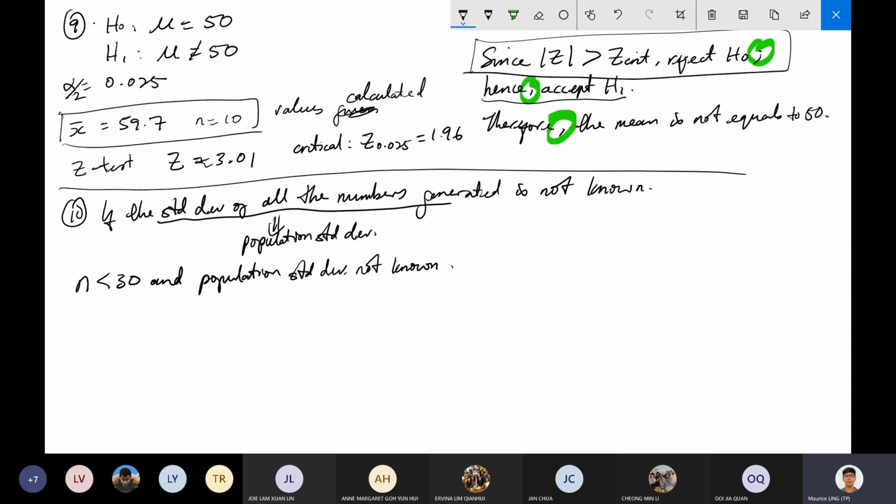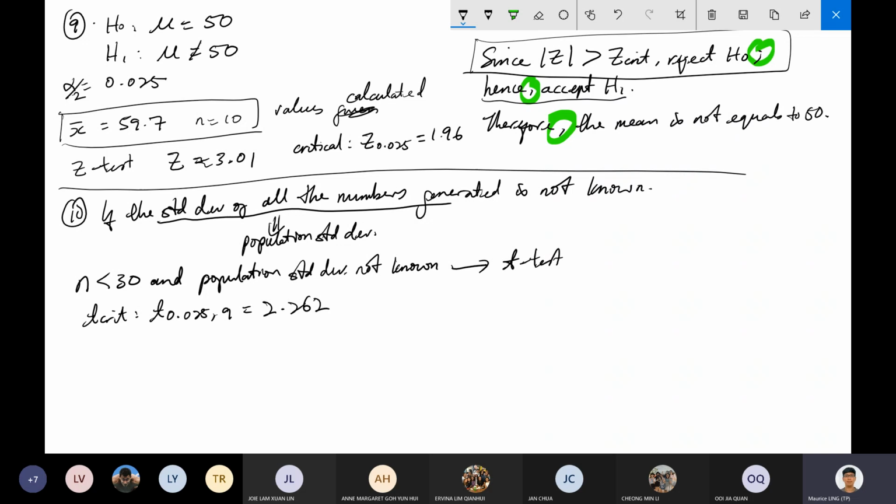So together, you use t-test. Okay, everything follows the same. The t critical value now, which is 0.025, degrees of freedom is 9. You get 2.262.